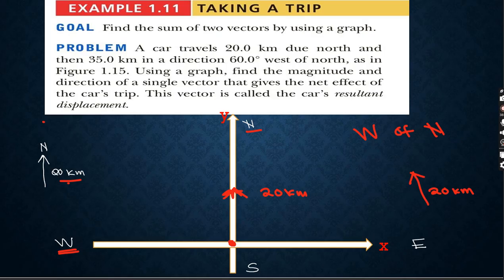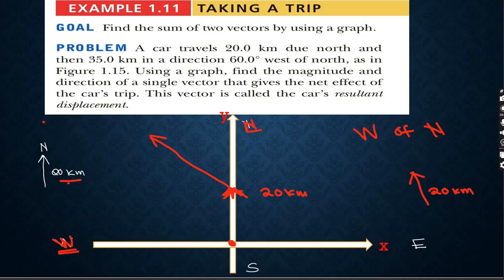The car first ended here, at 20 kilometers. Now it is going to move in the direction west of north, at 60 degrees. So this vector is between west and north, and it is going to move like this.